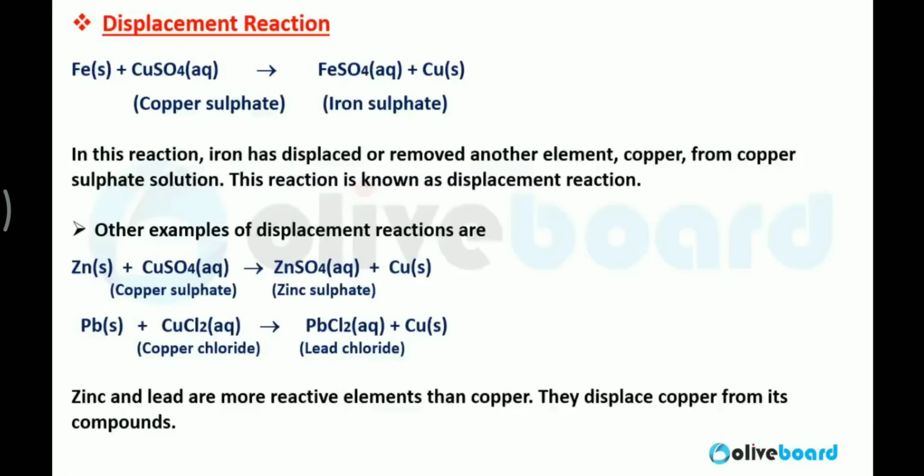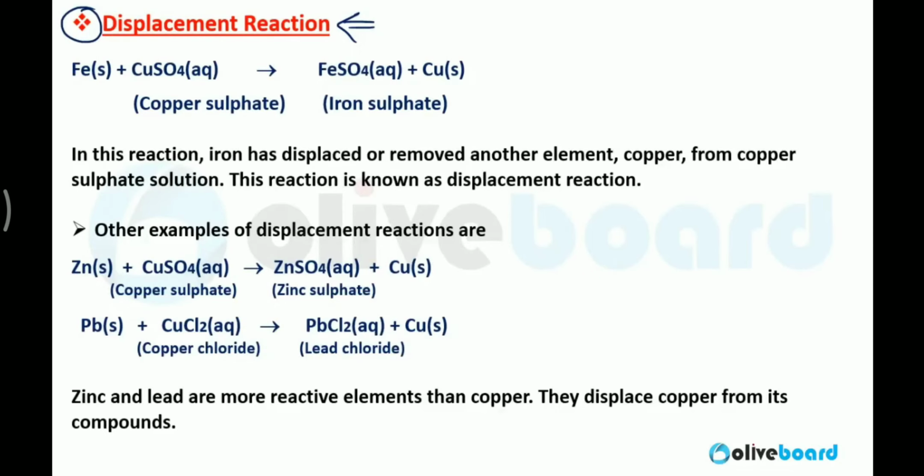Clear? Now, displacement reaction, again from the name itself, displacement, which means you are displacing something from another substance, or by using another element. That is called a displacement reaction.